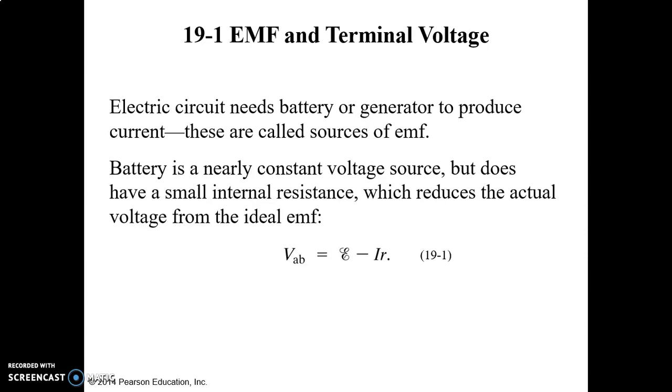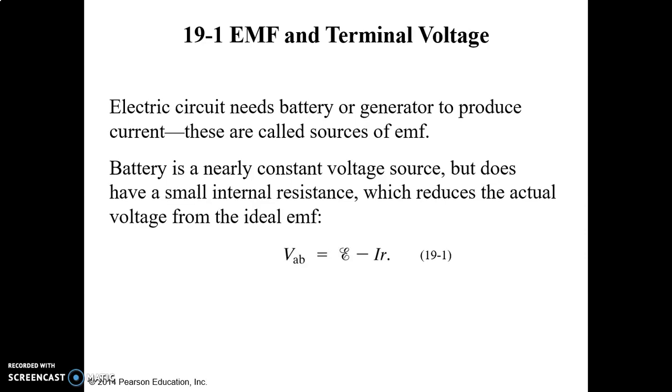Now, an electromotive force is not necessarily an actual force, but it does provide the potential energy needed for charges to move within a circuit. And so we kind of casually refer to it as an electromotive force.